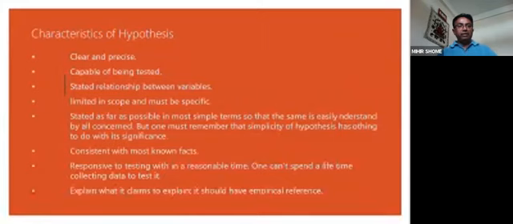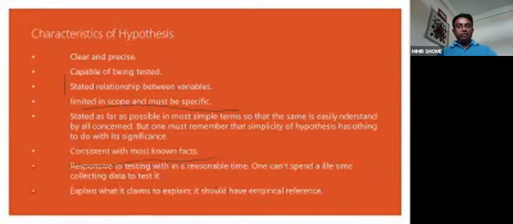It is limited in scope and must be specific. It should be very brief and very specific, and stated as far as possible in the simplest terms so that it is easily understood by all concerned. So it should be in simple language so everybody can understand what exactly the hypothesis is that has been assumed for the present study.